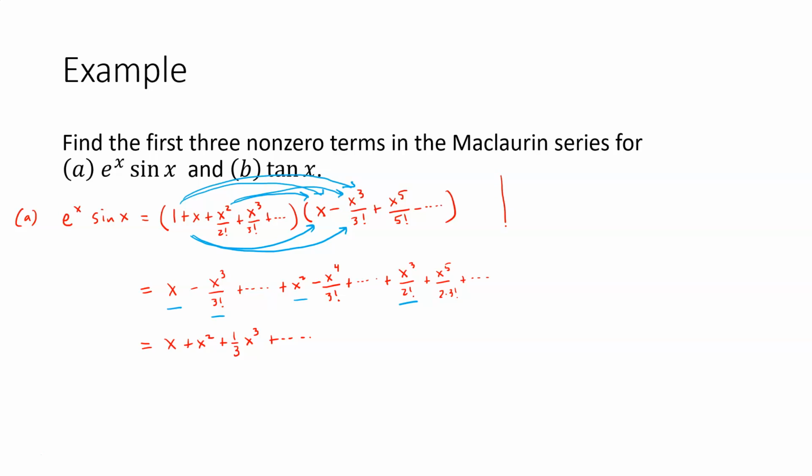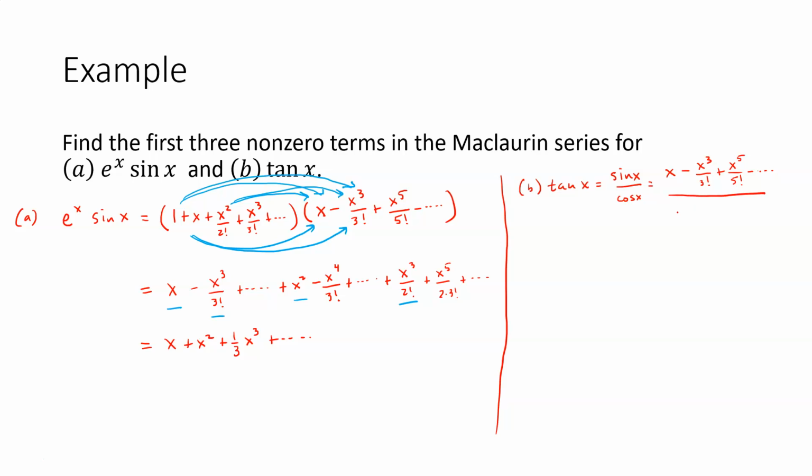Let's see if we can do something similar for tan x. So tan x would be dividing sine over cosine. So we can divide the series of sine x, which is x minus x cubed over 3 factorial plus x to the 5th over 5 factorial and so on.